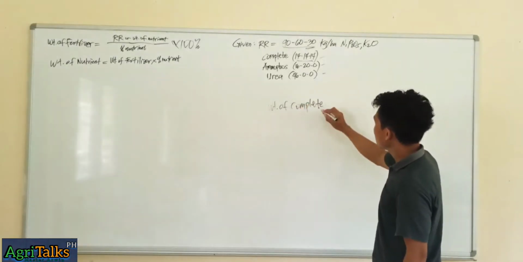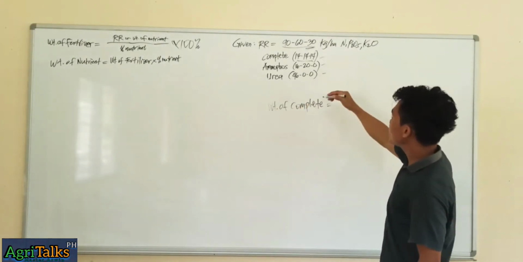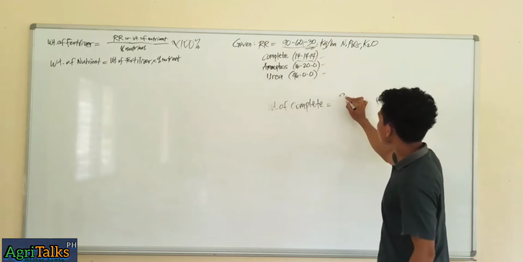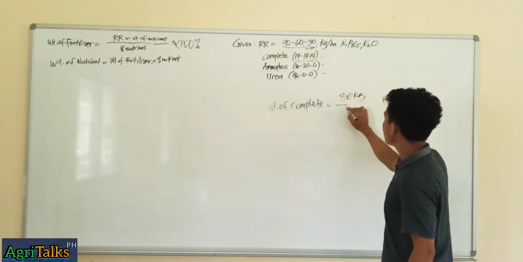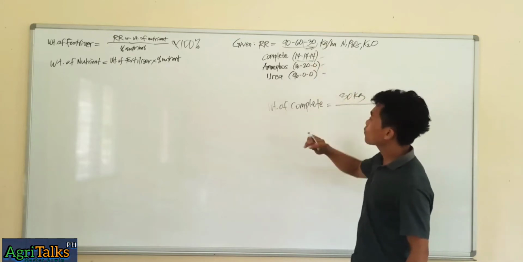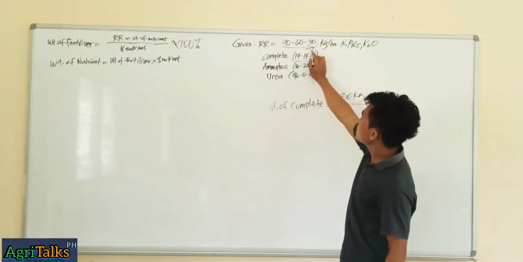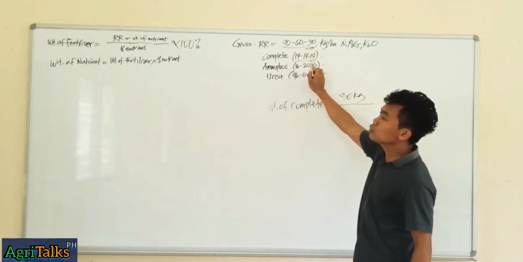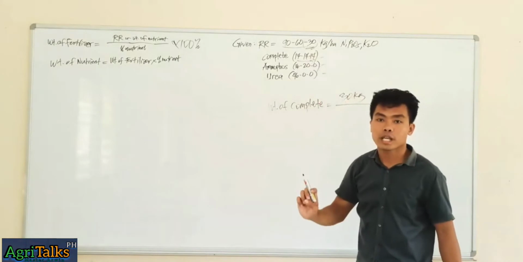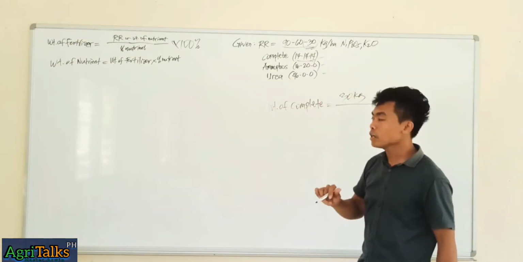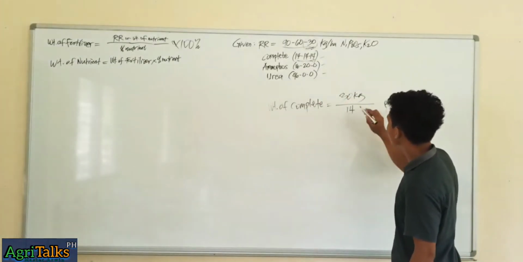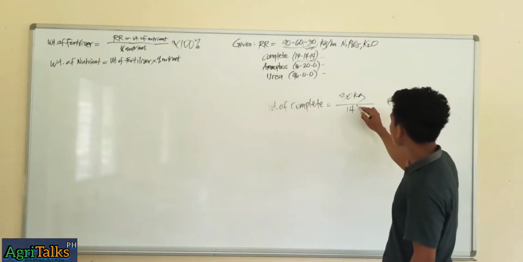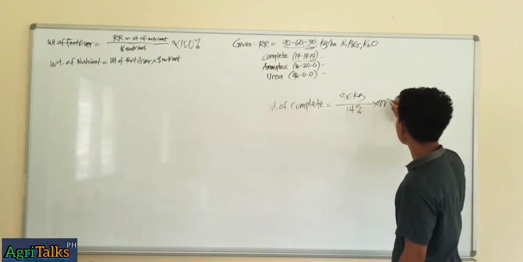Okay, so weight of complete, the recommended rate is 30 kilograms divided by, use the 14. So this is for potassium, which is 14 percent, times 100%.